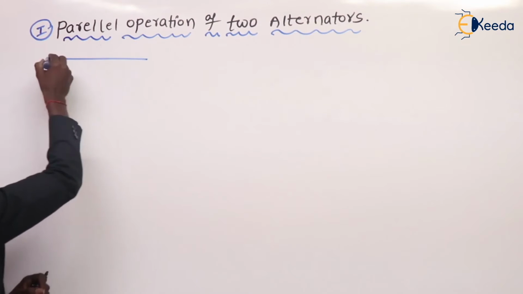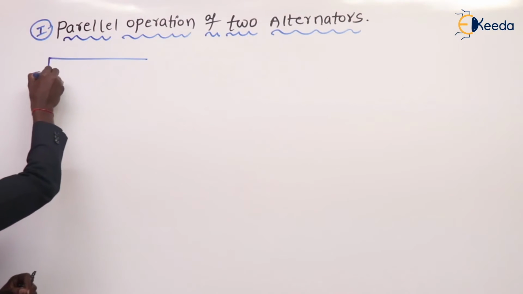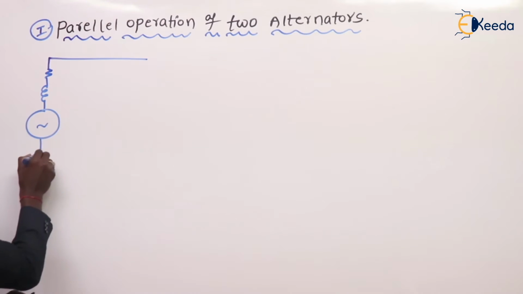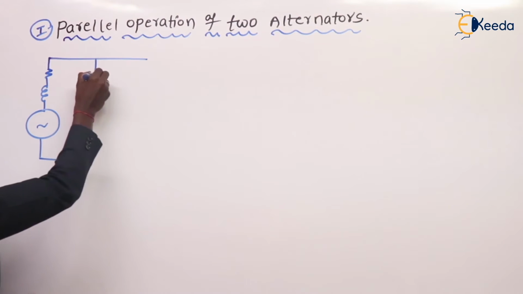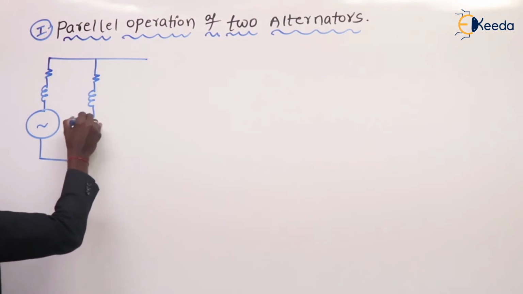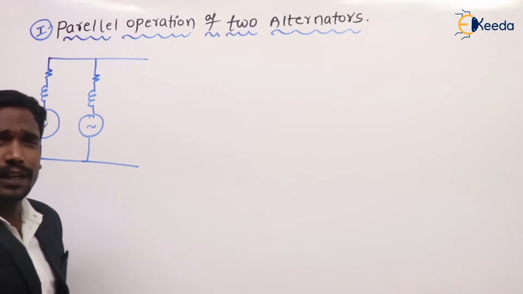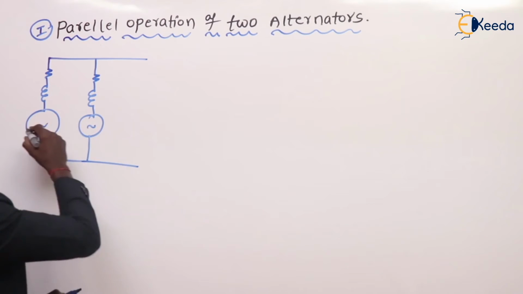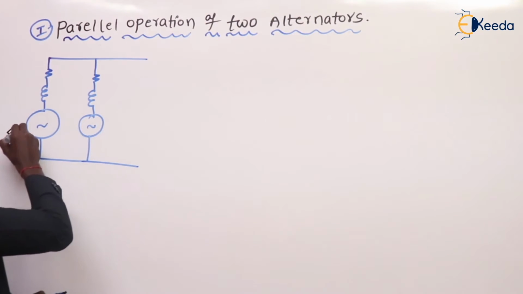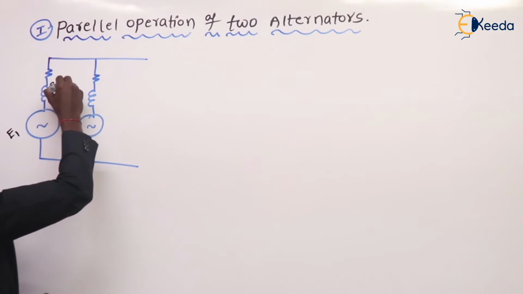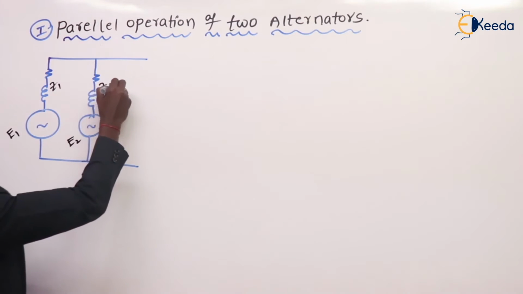For example, this is my first alternator and this is my second alternator. These two are operated in parallel. This is E1 and this is E2 and this is Z1 and this is Z2.